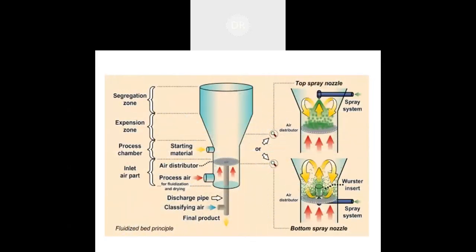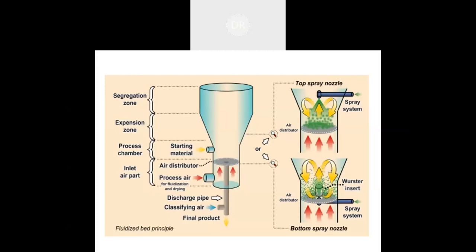Then the fluidized bed dryer. The same process as spray drying is used, but the component flows through the nozzle and is sprayed, and the air movement is in a circulation movement.